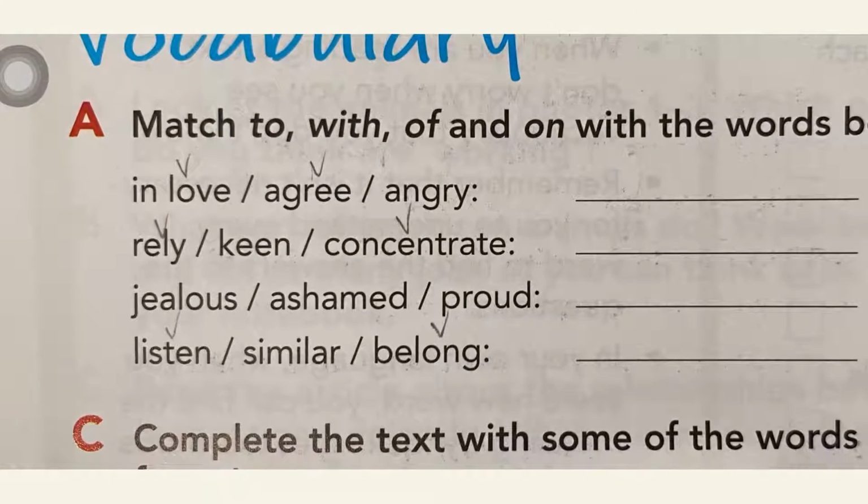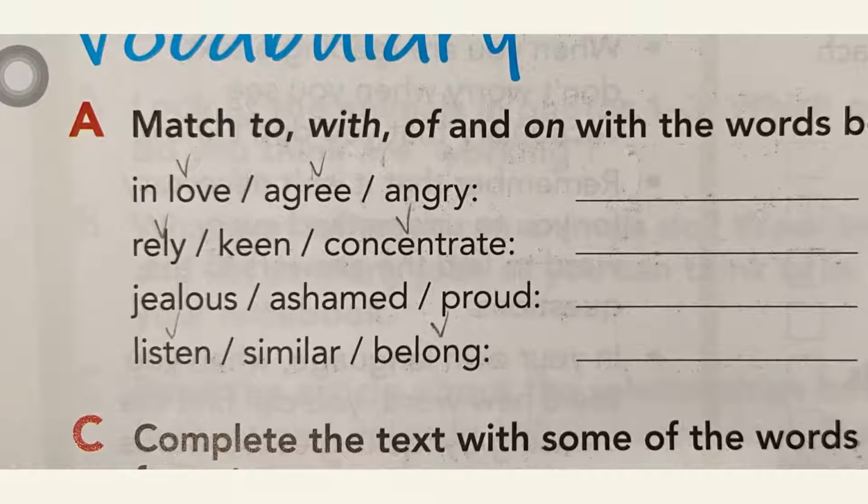How do you know whether a word is a verb or adjective? One tip I can give you is to try to add ing behind the word. Do you think it will make sense? For example, agree, agreeing. We can add ing behind the word. What about angry?